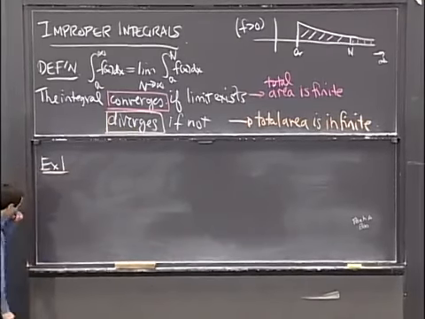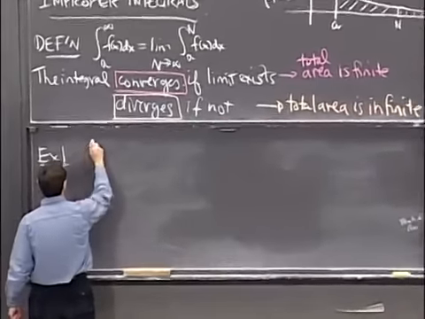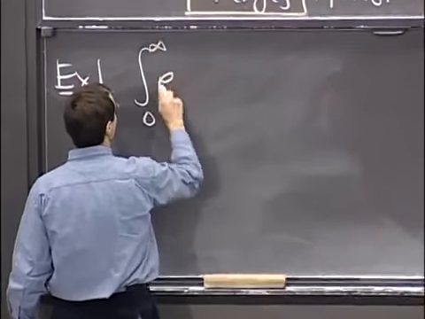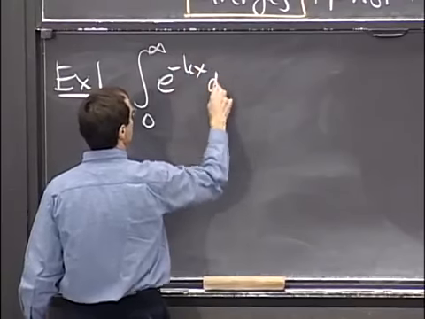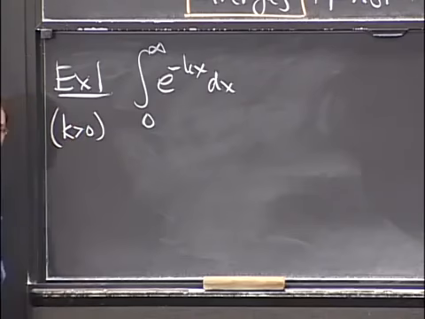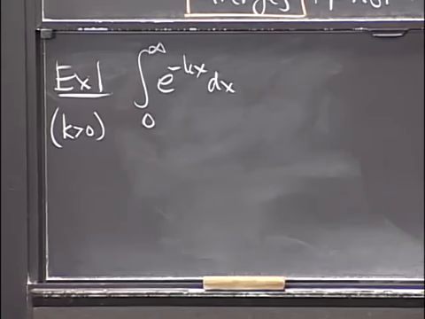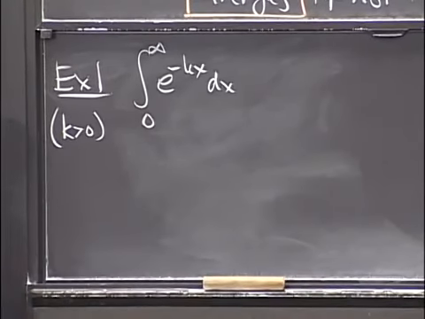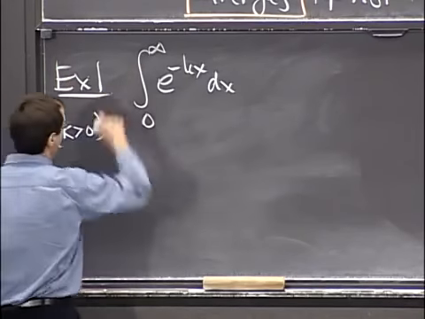The first example is the integral from 0 to infinity of e to the minus kx dx, where k is going to be some positive constant. This is by far the most fundamental of the improper integrals.